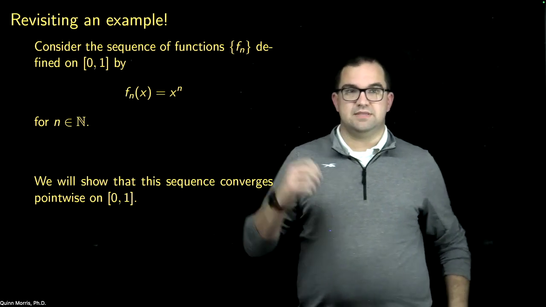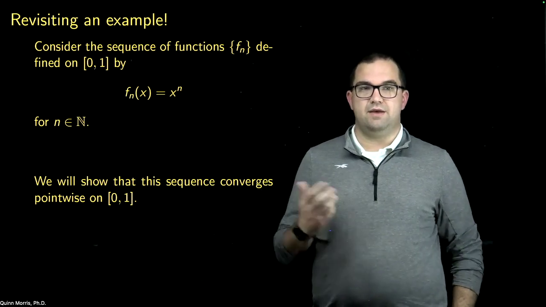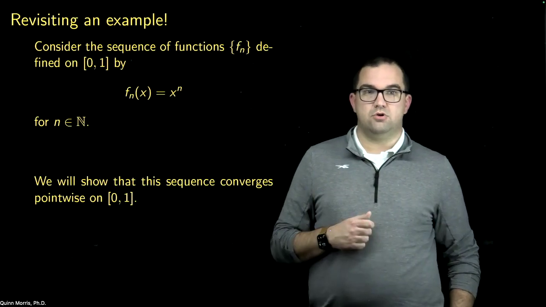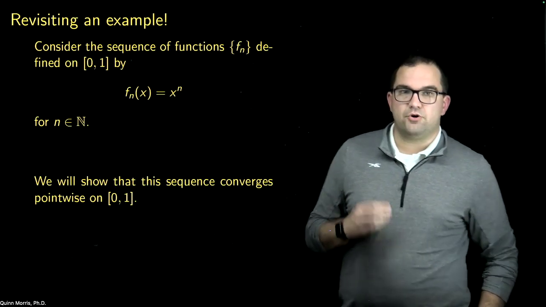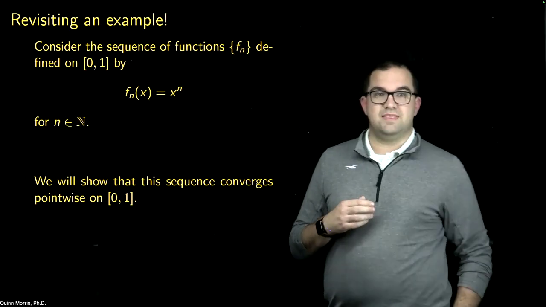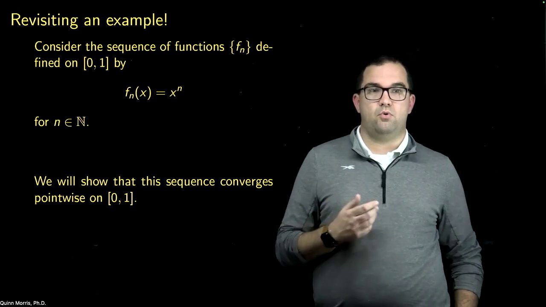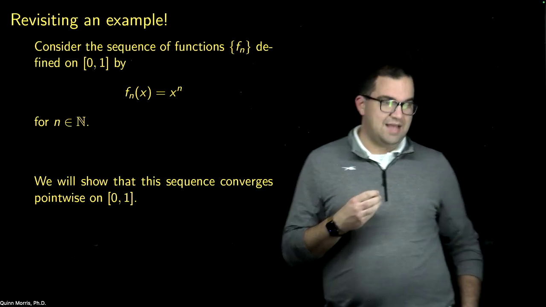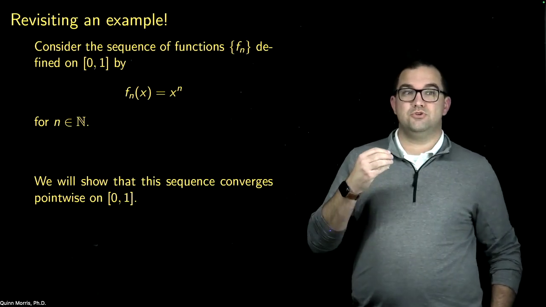So again, we're considering this sequence of functions f sub n, where f sub n of x is x to the n, defined on the closed interval [0, 1]. And our goal is to show that this sequence converges pointwise on [0, 1]. Now, what I have not said yet is what it converges to.